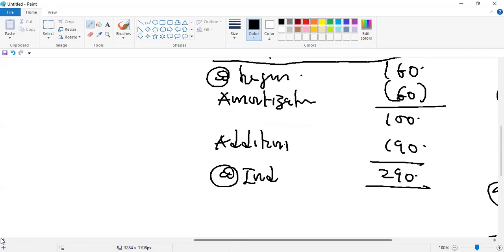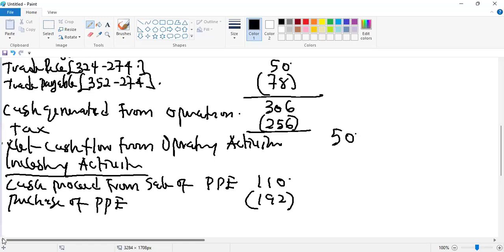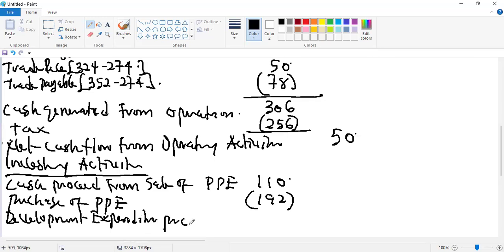The maximum for transaction is only 3 that occur. Development expenditure: purchase 190. That's all.